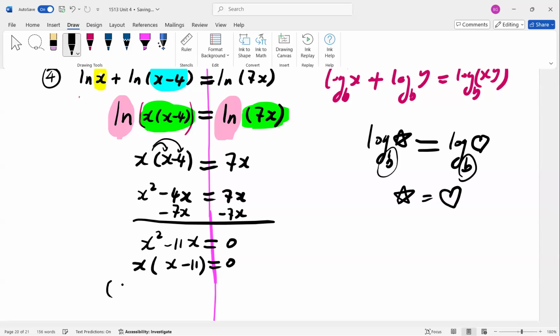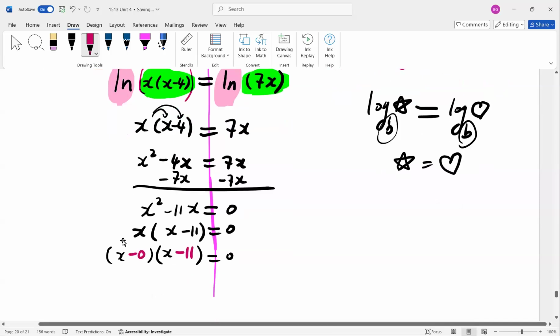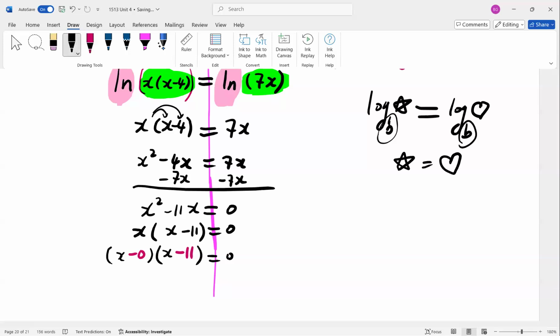I'm going to write the left side like this. x minus 0 is x, I know that, but I just want to show you the structure. So we can write the left side as (x minus 0) times (x minus 11). The solution is going to be the opposite of those two red numbers, right? 0 and positive 11.